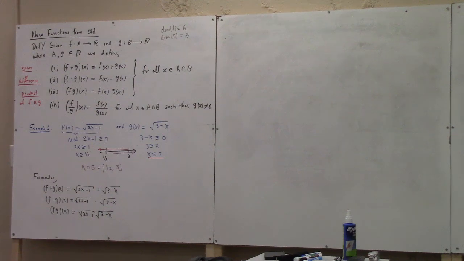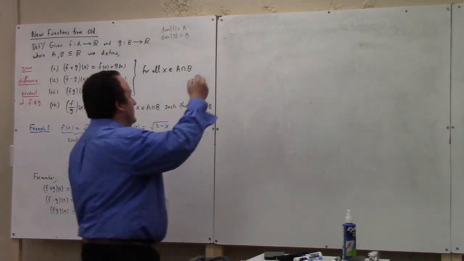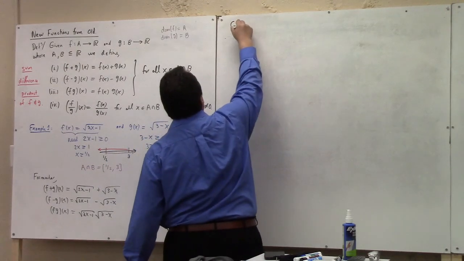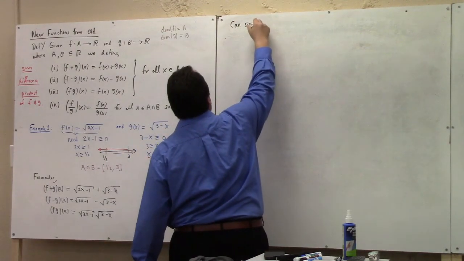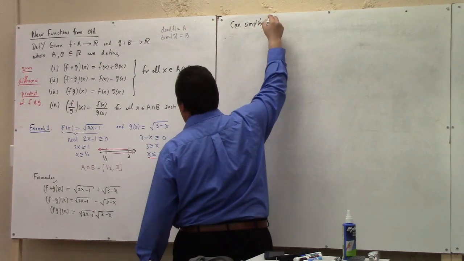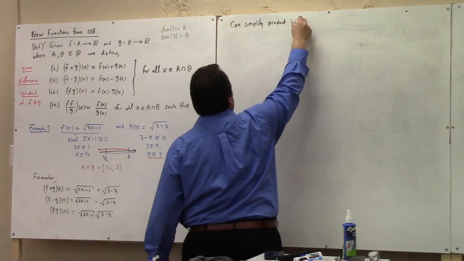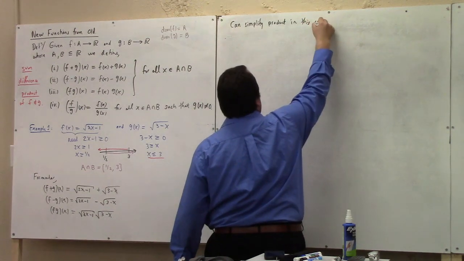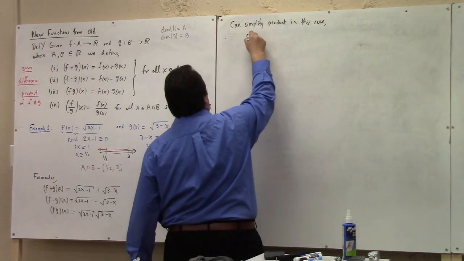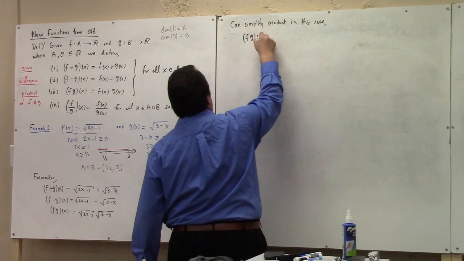Now, I will say the multiplication I could simplify a little bit. Can simplify product in this case. I don't necessarily expect that you simplify the formula for the product. I'm just pointing out you can do it.